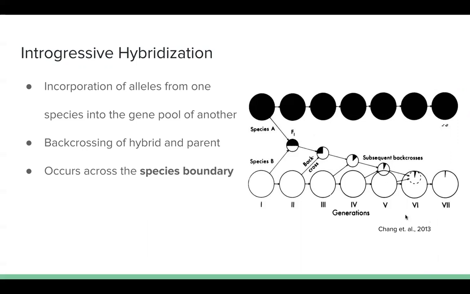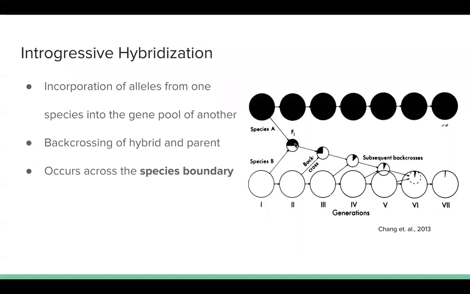So you can see that here in this image, you see species A and species B, and they hybridize and create an F1 generation of hybrids. And then this occurs across the species boundary. And then the F1 hybrids backcross and reproduce with one of the parent species.